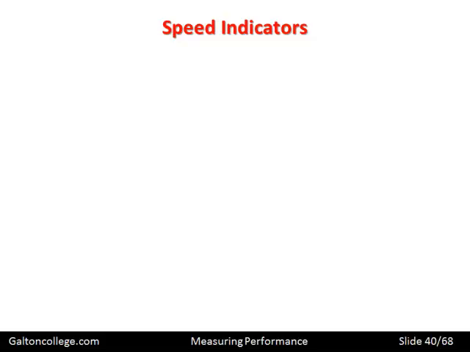So let's look at some. We'll look at speed indicators. This is the response time. And it looks at the records for the response time. It looks at how fast an issue is dealt with. If an order comes in, how long does it take to complete the order? If a machine breaks down, how long does it take to fix the machine, get it back online? How long does it take to switch over from one line of production to another?